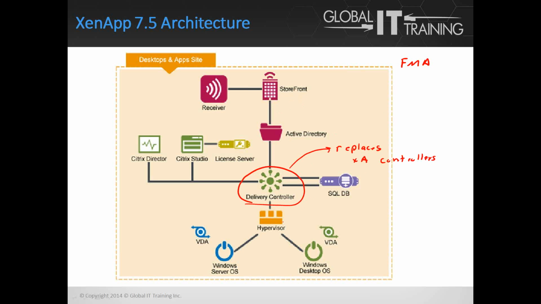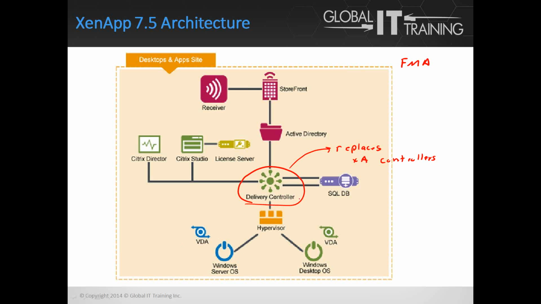What we're looking at is providing server OS machines for our system so that we can publish applications. So you'll silo your servers into groups with just Windows 2012 on it. You don't need to install anything other than 2012. No more XenApp controller components installed. We don't need to install XenApp 7.5 on it. All we do is install it on the delivery controller.